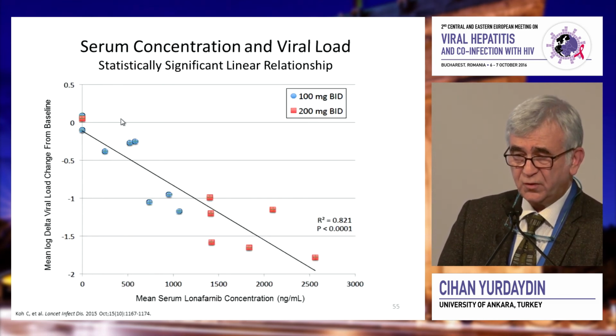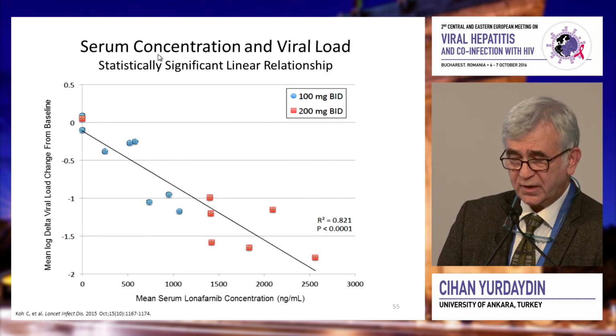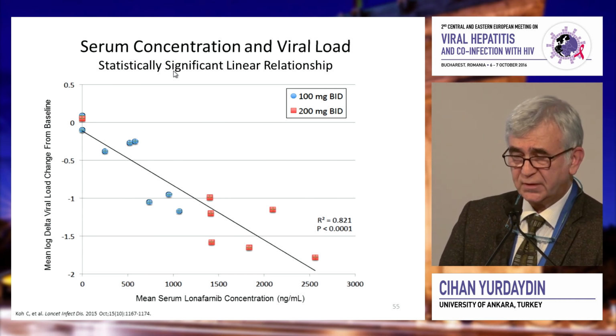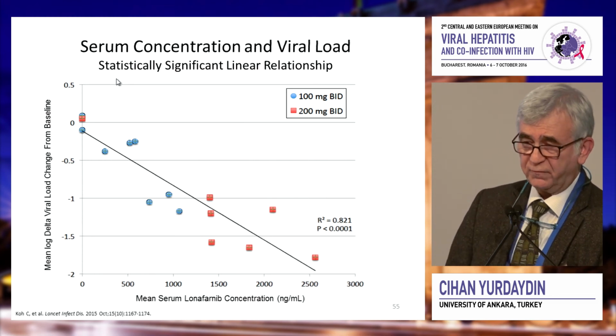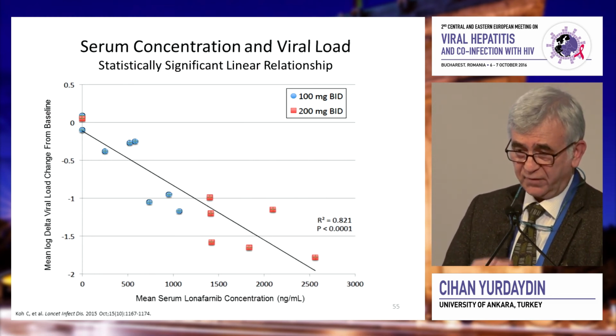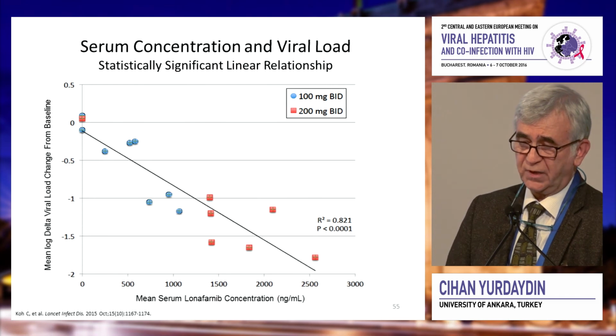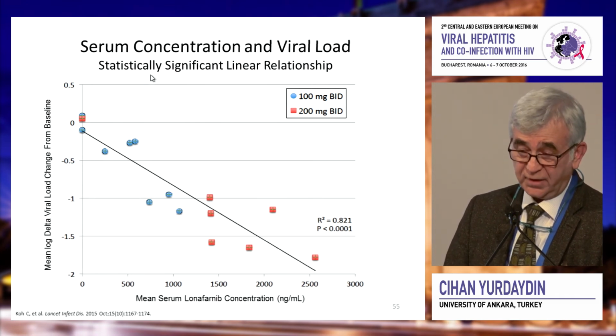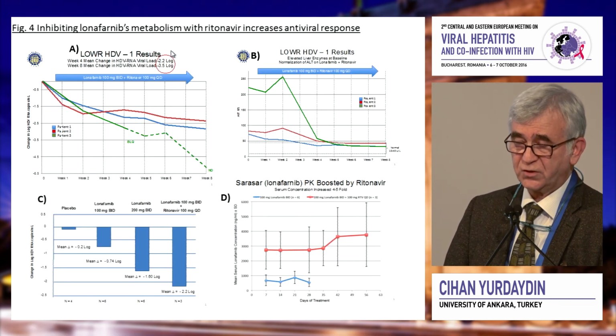This is important because it has been shown, and we also have shown, that this is the NIH data, serum concentrations of lonafarnib have a very nice correlation with viral load reduction, and side effects may prevent optimal serum concentrations.